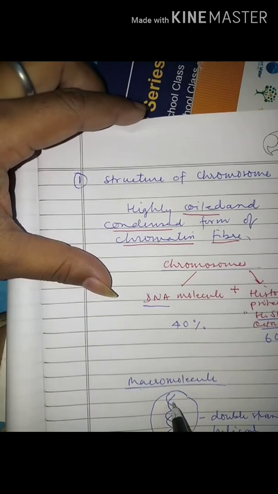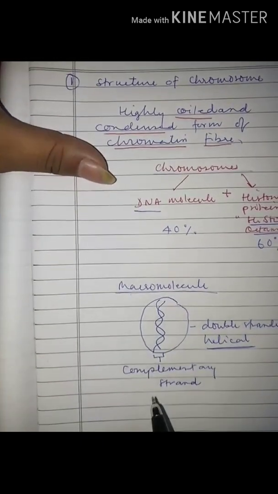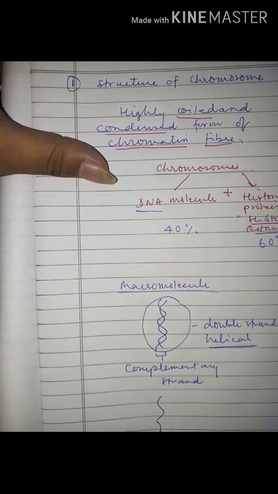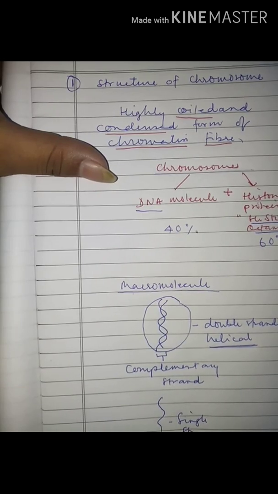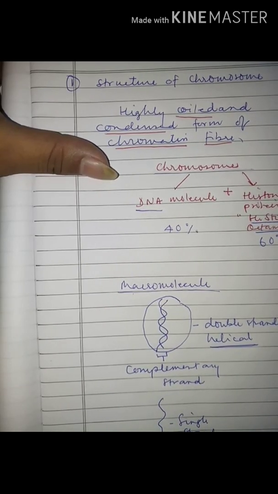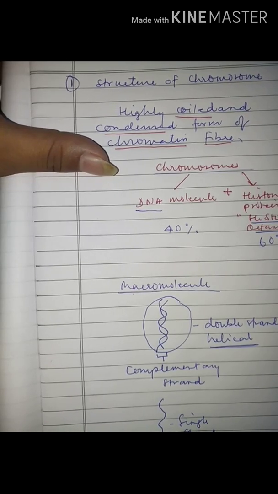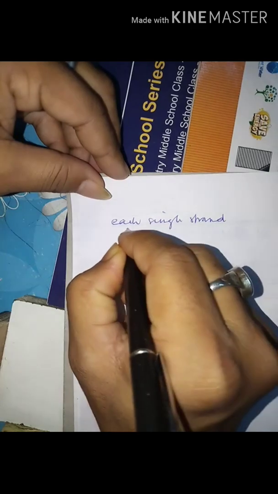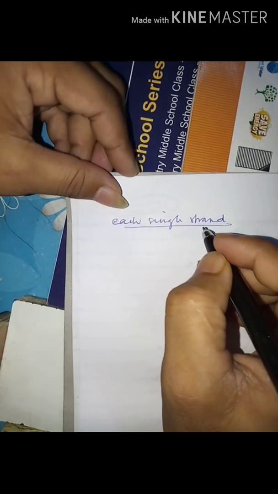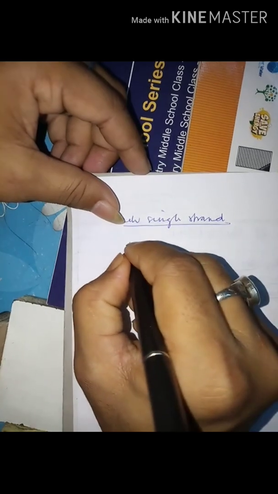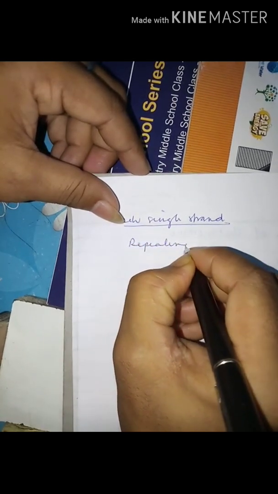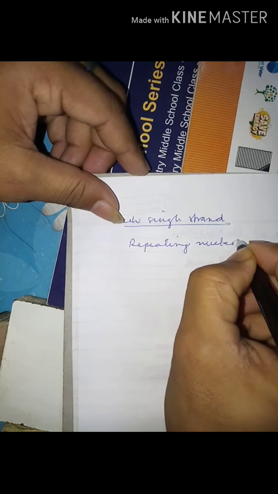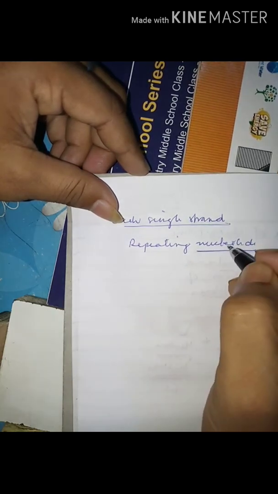Now, if we discuss a single strand, each single strand is composed of repeating nucleotides.